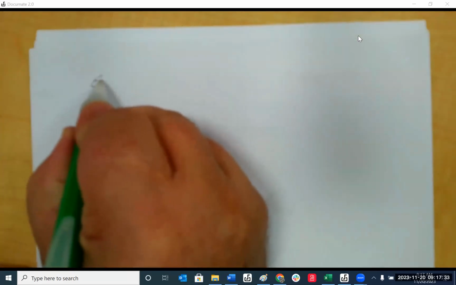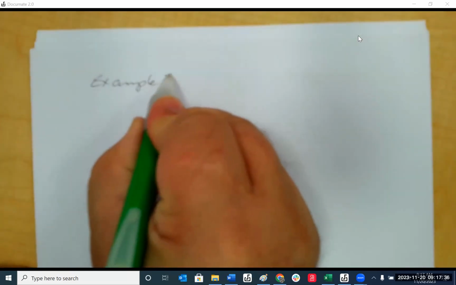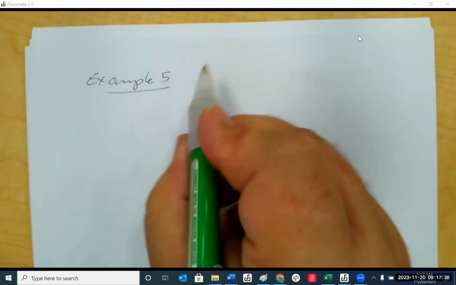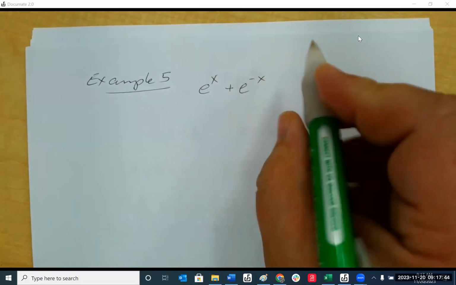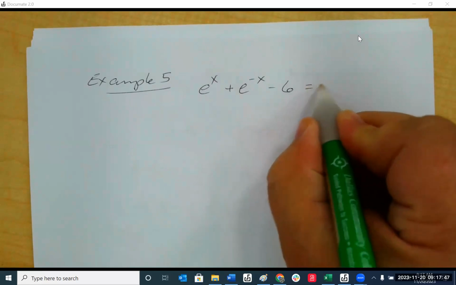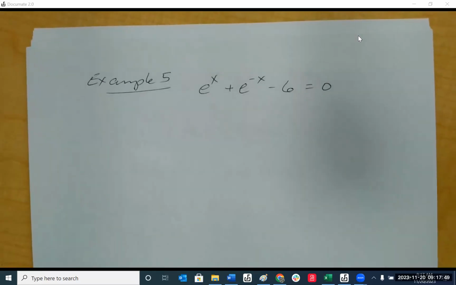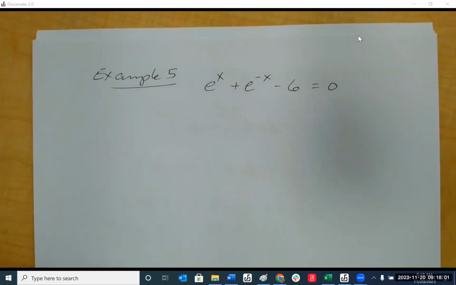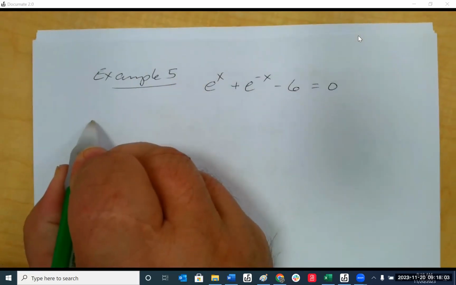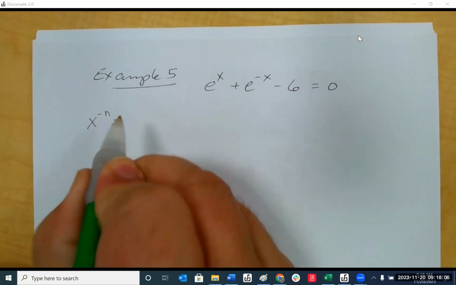Example 5. Solve e to the x plus e to the negative x minus 6 equals 0. When we talk about exponentials, remember x to the power negative n.